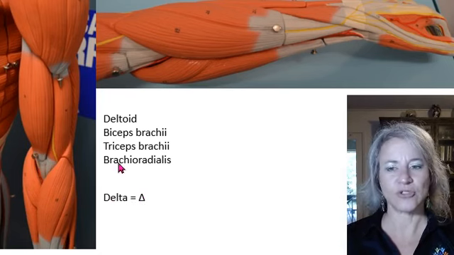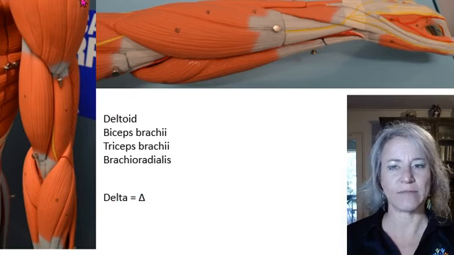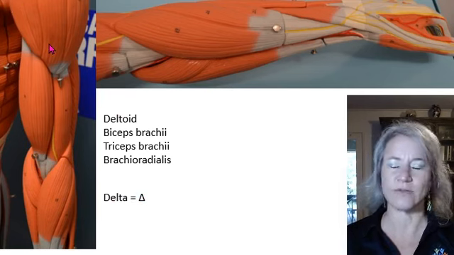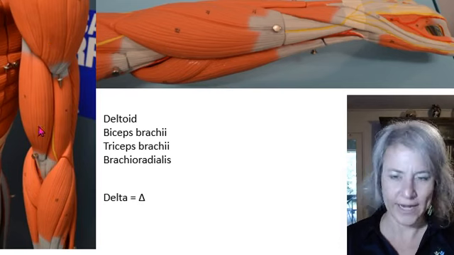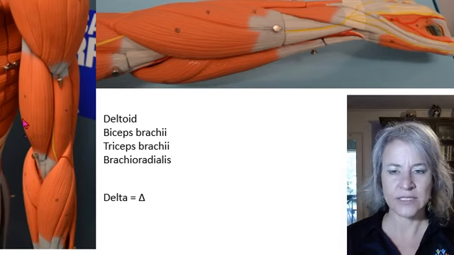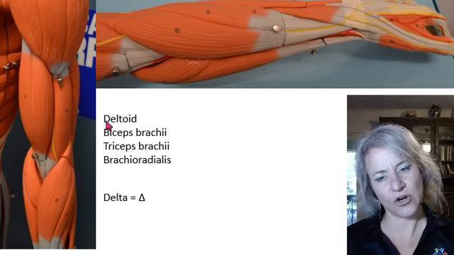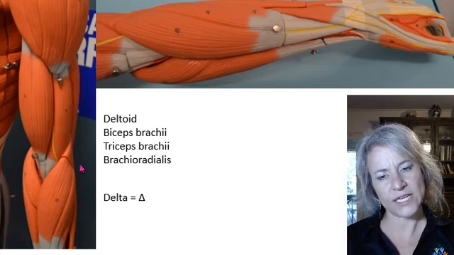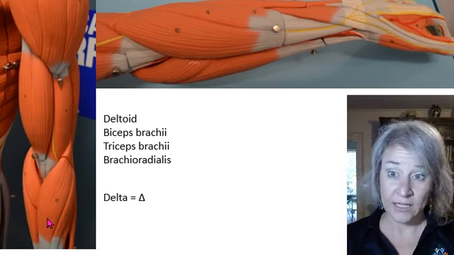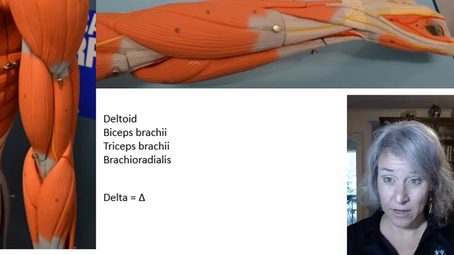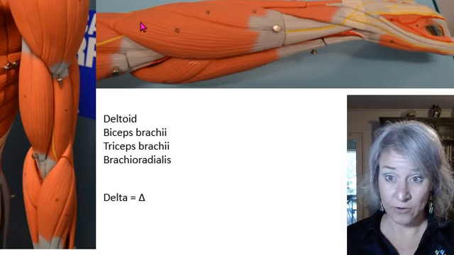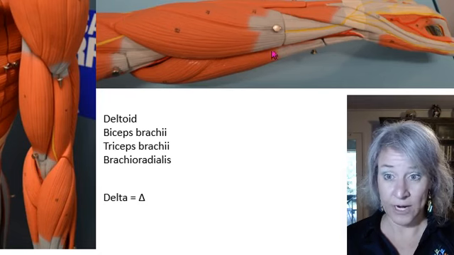And so we flip this triangle upside down and that muscle looks like a triangle, which is why it was named the deltoid. And then this one in the front is the biceps brachii, and the back triceps brachii, this muscle here from the arm to the radius, brachioradialis. And this is another picture of the model, brachioradialis right here.